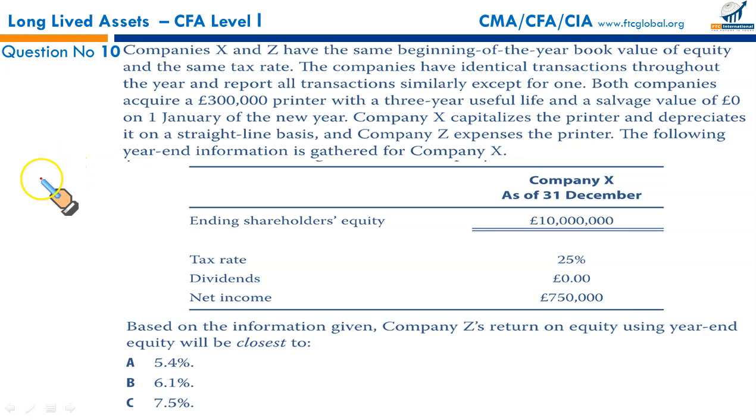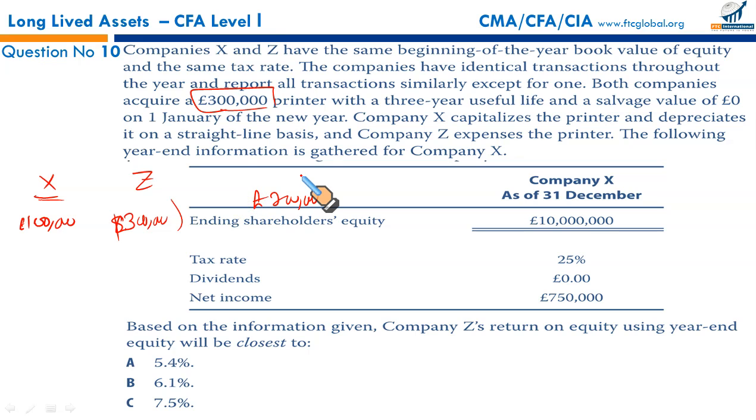Let us write the data down side by side for X and Z. What we know for sure is that X charged this machine as a depreciable asset and charged depreciation over 3 years, which means the annual charge was £100,000, whereas Z charged the whole of this £300,000 as an expense, meaning thereby that Z charged £200,000 more.